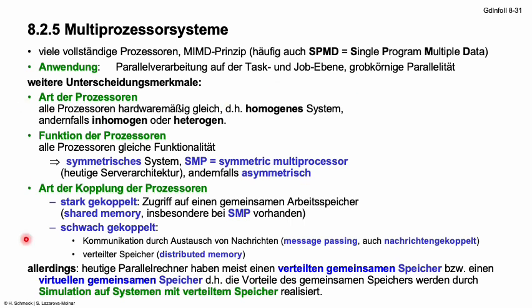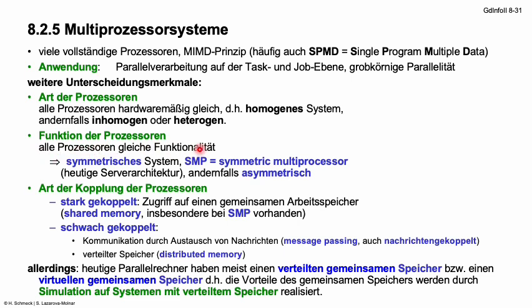There are different ways we can differentiate between these multiprocessor systems. One is based on the type of processors. If all processors are the same in hardware, then we talk about homogeneous systems. Otherwise, we talk about inhomogeneous or heterogeneous systems. Then it could be differentiated based on the functionality.